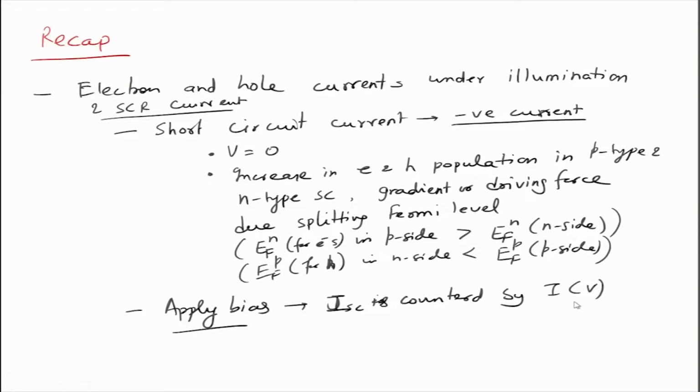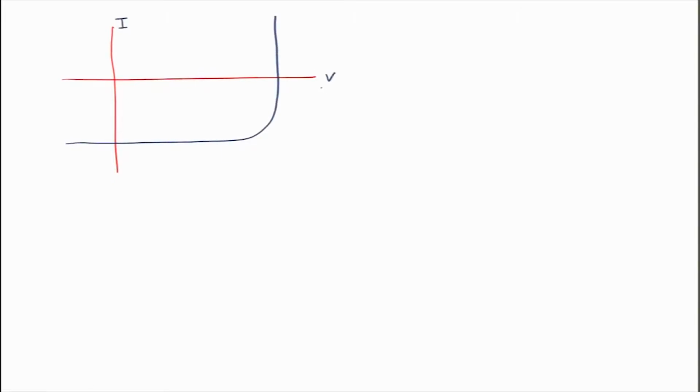Now when you plot this, you start getting a curve like this. This is I, this is V. At 0 potential, V is equal to 0, and you are going from 0 to a parameter called VOC.